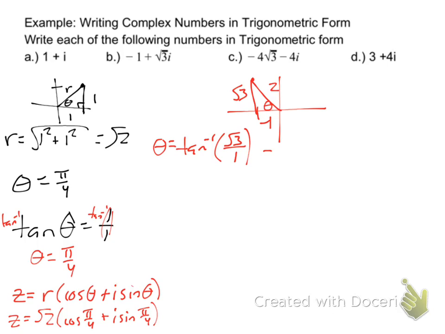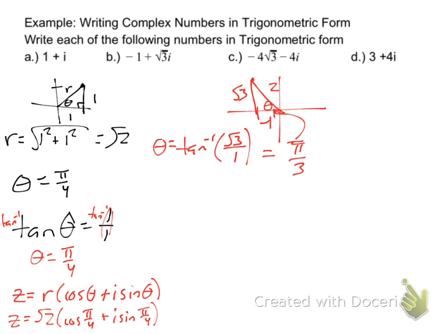So what do you get when you put inverse tangent of square root of 3? What angle is associated with square root of 3? Inverse tangent of square root of 3 would give us an angle of 60 or pi over 3. So that means the angle in here is pi over 3.